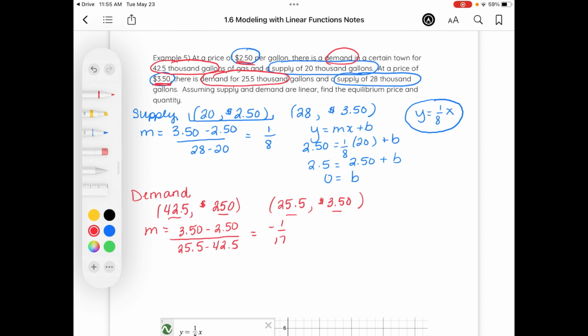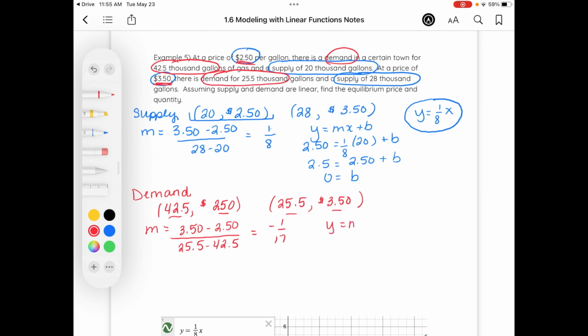Now we need to find y equals mx plus b. We do not have a y-intercept that is listed, so again, I will just choose one of the points in order to help us find that. 2.50 is equal to -1/17 times 42.5 plus b.